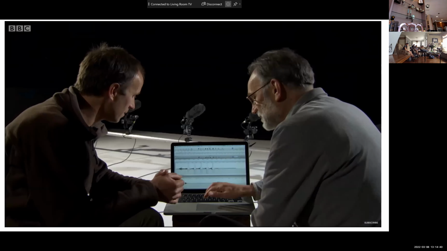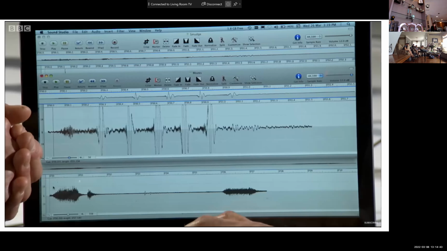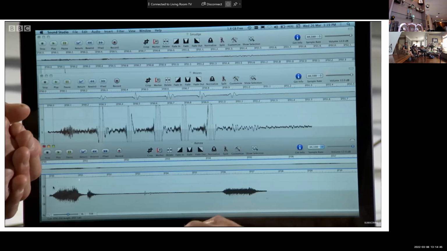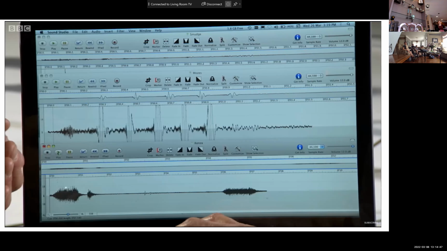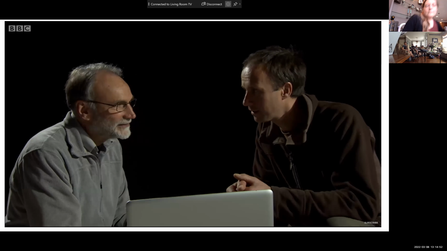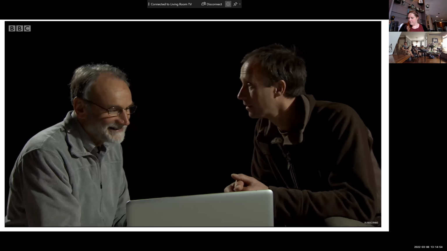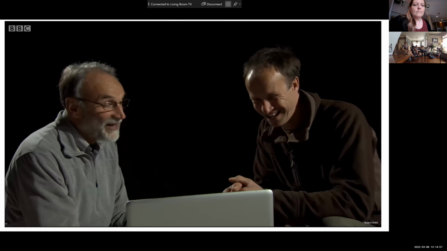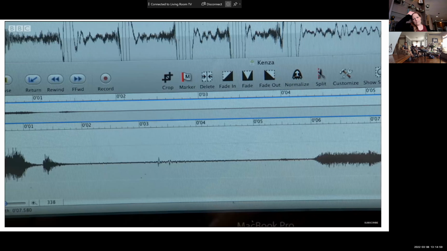Even our array of super sensitive microphones fail to pick up any sound of Kenza in flight. It's the owl doing exactly the same. Nothing at all. There's not a sound here. That is really impressive, isn't it? It shows that they really are silent flyers.